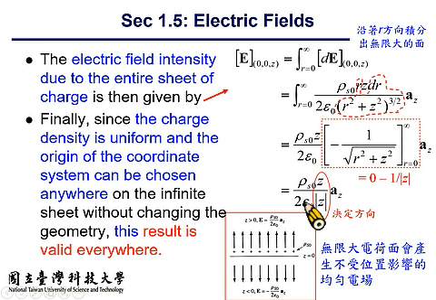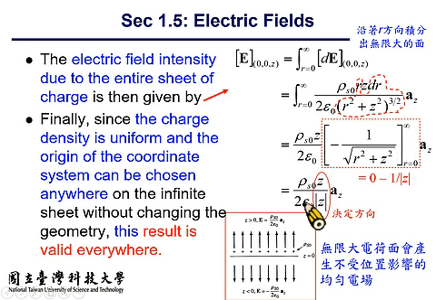So if you have an infinite charge surface, the electrical field experienced from this infinitely large surface charge becomes rho sub S over 2 epsilon sub 0, with rho sub S the surface charge density, times either positive or negative 1.